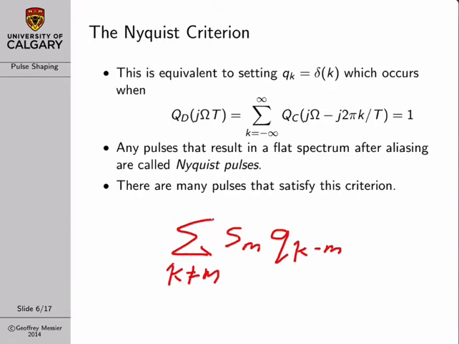So basically we want q to be equal to 0 for all samples except for when m is equal to k, because that's our current symbol. And so our zero ISI condition is basically equivalent to trying to set our cascaded filter response equal to the delta function, which, again, is what zero intersymbol interference means.